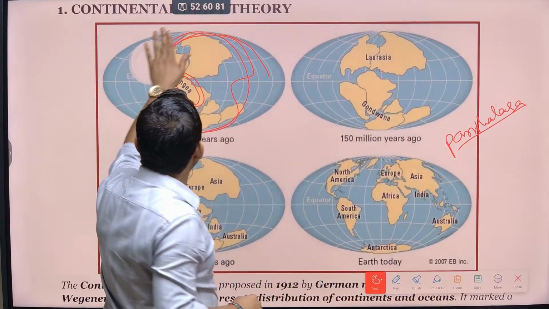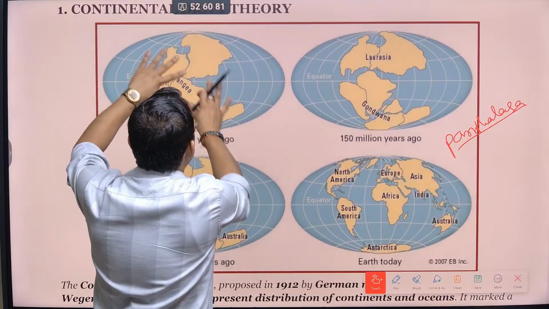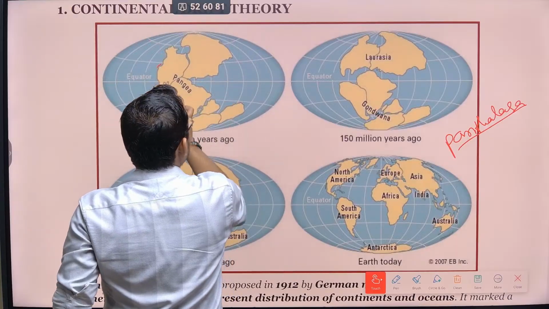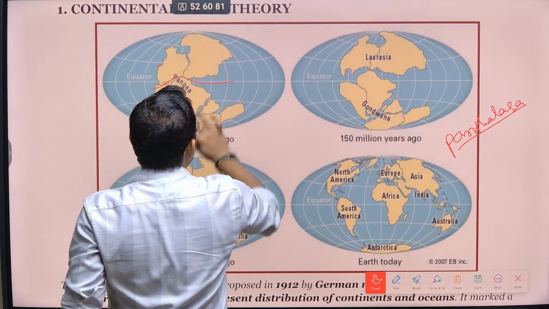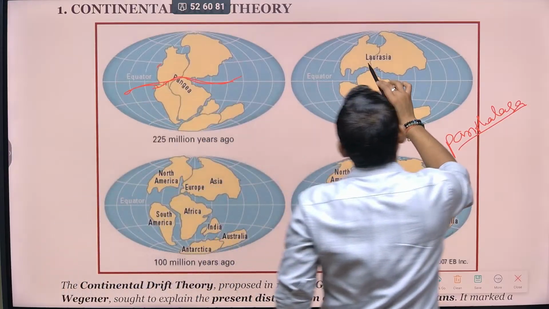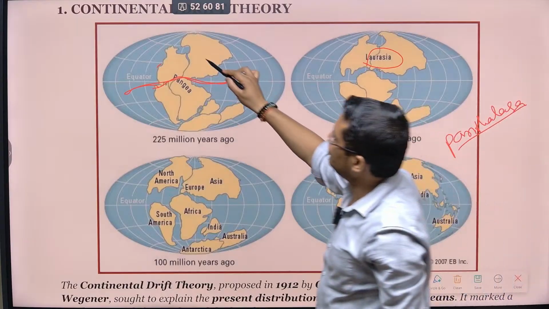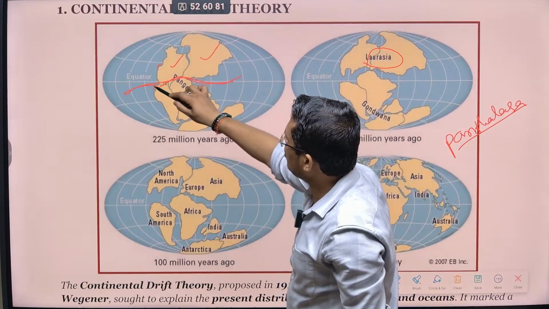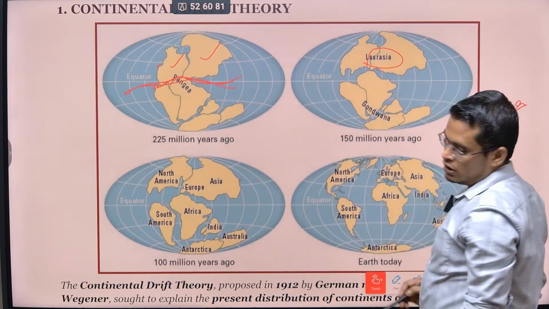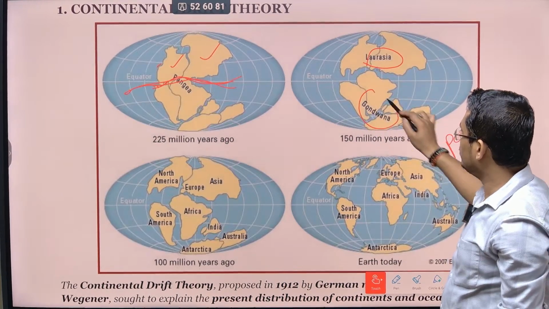But they started drifting. All are moving in different directions. The northern portion cut out and moved towards the north, and this landmass is called Laurasia. The northern portion, that is Eurasia and North America, cut and moved north.